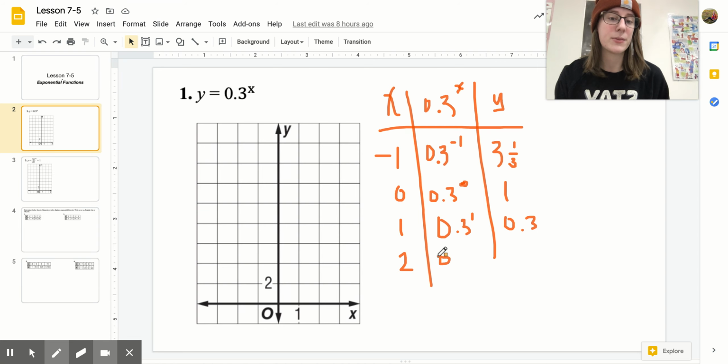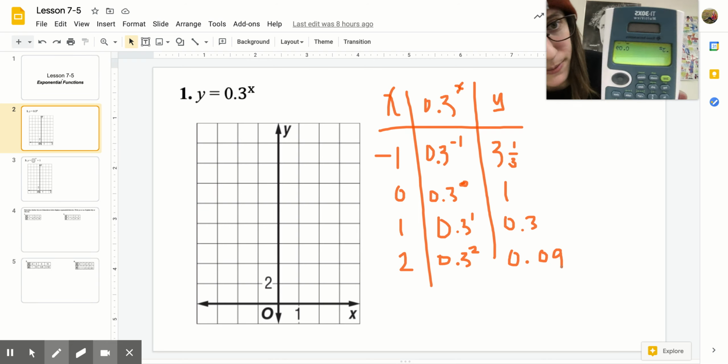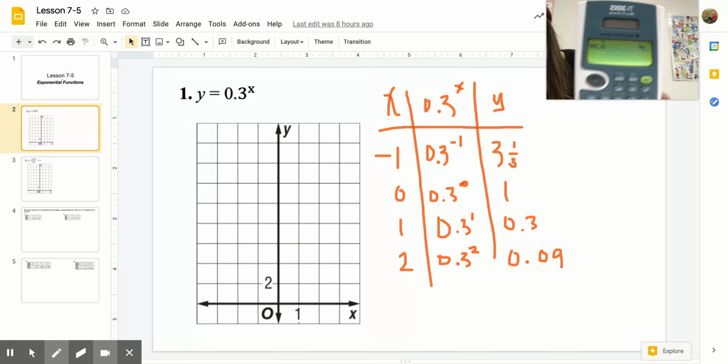Then 0.3 to the power 2. On your calculators, you can use the squared button, or the caret and 2. Either way, that is 0.09. So a real small number. That's what it should look like.